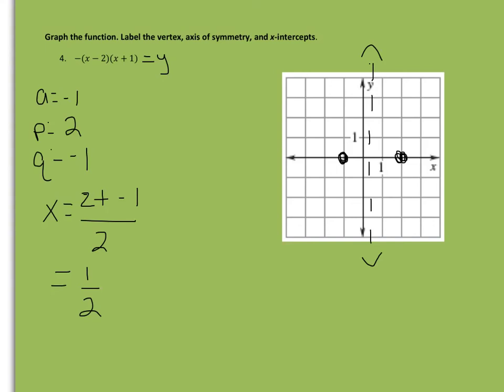So now we need to plug in that x value and calculate. So calculate that.